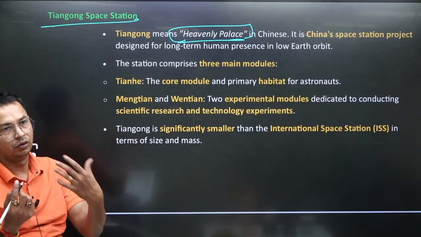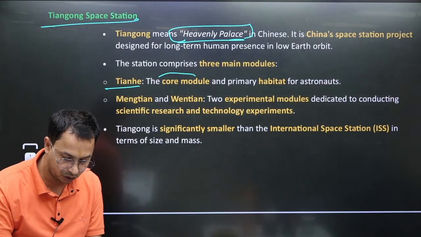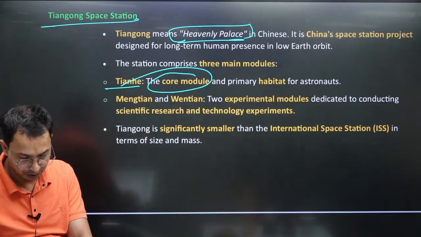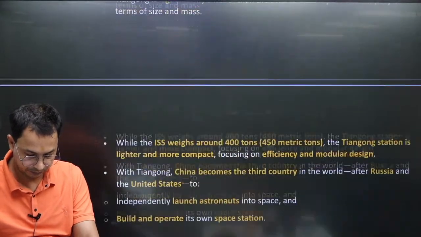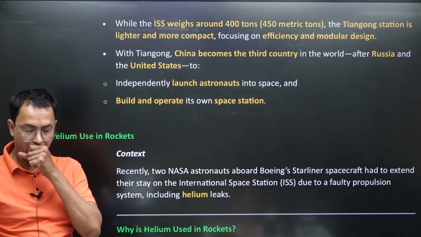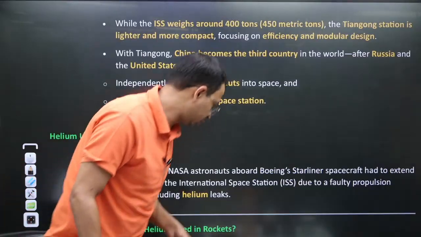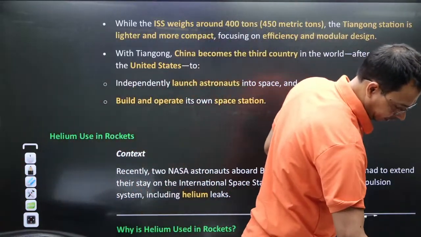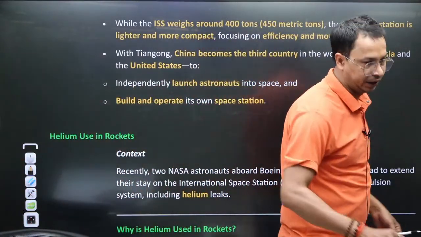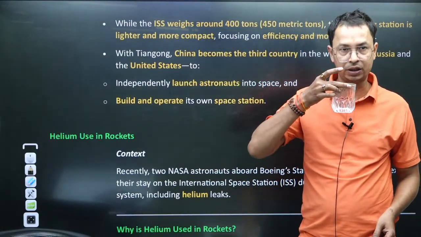In ours we had 5, in the Chinese we have 3 modules. Tianhe will be the core module of the Chinese space station. And China became the 3rd country to have its own space station after USA, and then Russia, then China, and in 2035 we will become the 4th country to have its own space station.